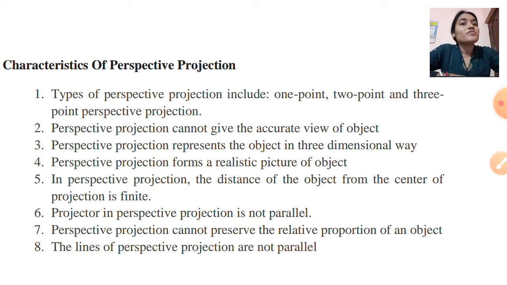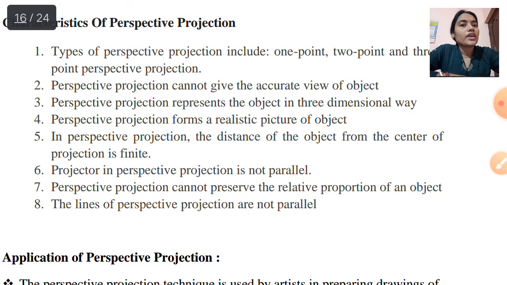It forms a realistic picture of the object, and the distance of the object from the center of projection is finite, but in parallel projection it is infinite. Projectors in perspective projection are not parallel. Perspective projection cannot preserve the relative proportion of an object. The lines of perspective projection are not parallel. So these are the characteristics of perspective projection.